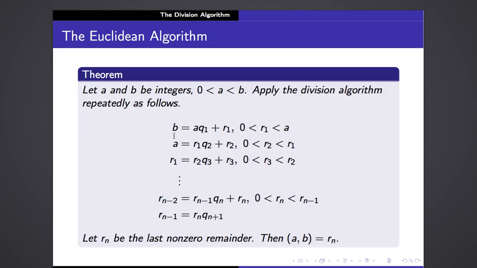Then we have the following: B equals A Q1 plus R1, where R1 is greater than 0 and less than A. Maybe I better use my notepad.